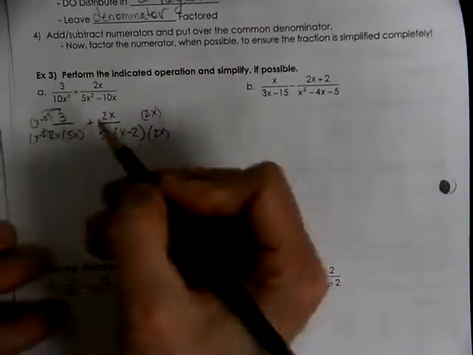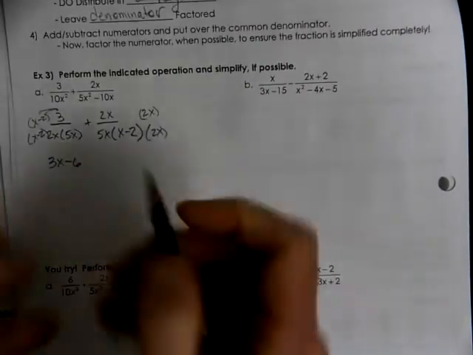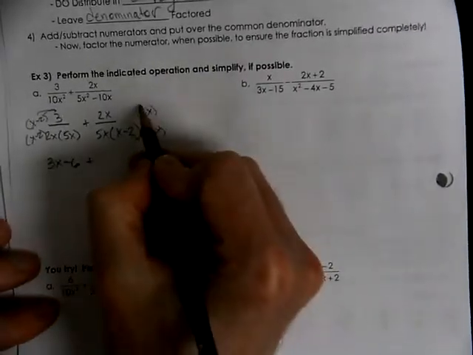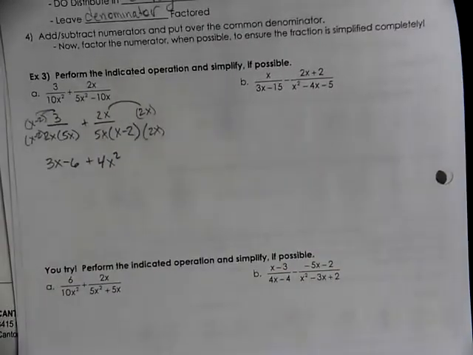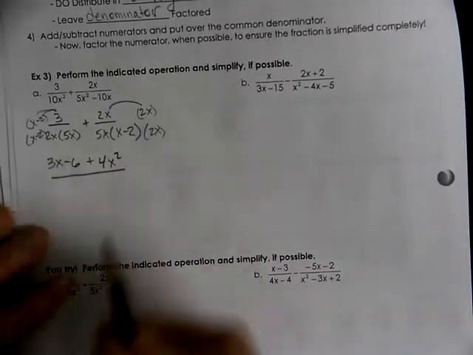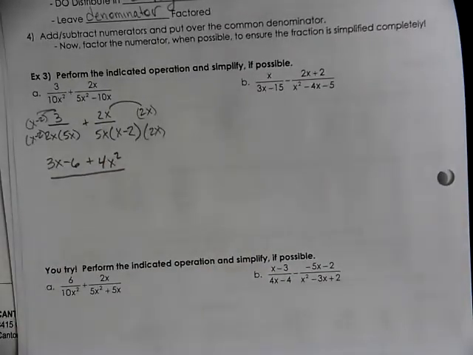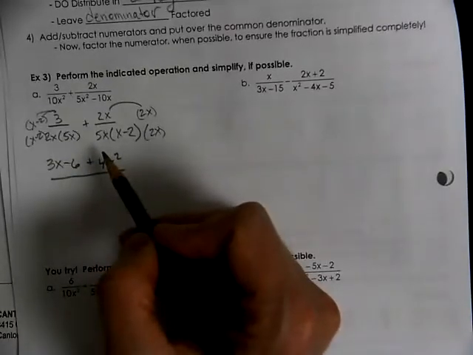So now I'm going to distribute through to get 3x minus 6 and multiply over to get 4x squared. Now I've taken this time to break apart my common denominator.